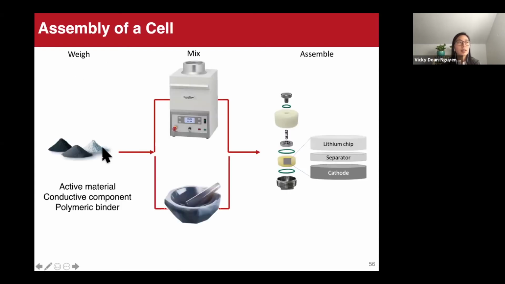So here you can see that first you weigh out the powders and mix them either by hand, with a mortar and pestle, combining active material with some conductive carbon and polymeric binder. You can also mix it with a high-speed mixer that you can see here before assembling.